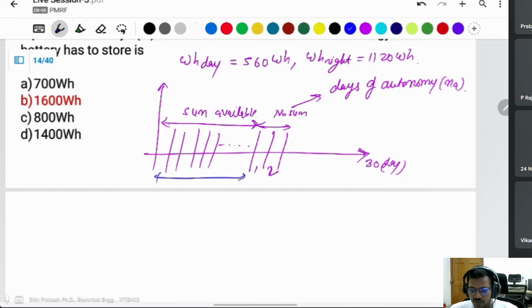But suppose for 2 days the sun is not there. On those days only the battery is there to supply all the loads. Suppose the autonomous days are 2 days, and after 2 days the sun is available again.